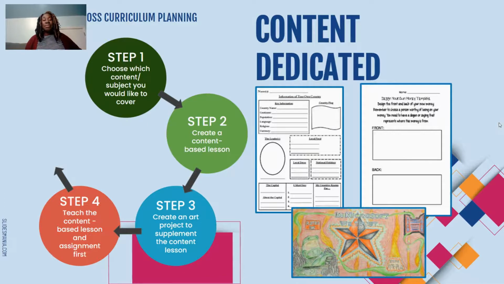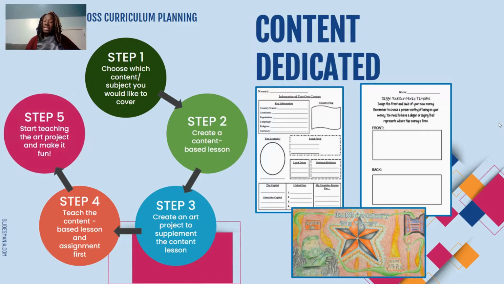And then the last step, you're going to teach the art project, make it fun, and then make sure that both of the content-based lesson and the art project are intertwined so they can grasp what they have learned. So I'm going to take you into the project.